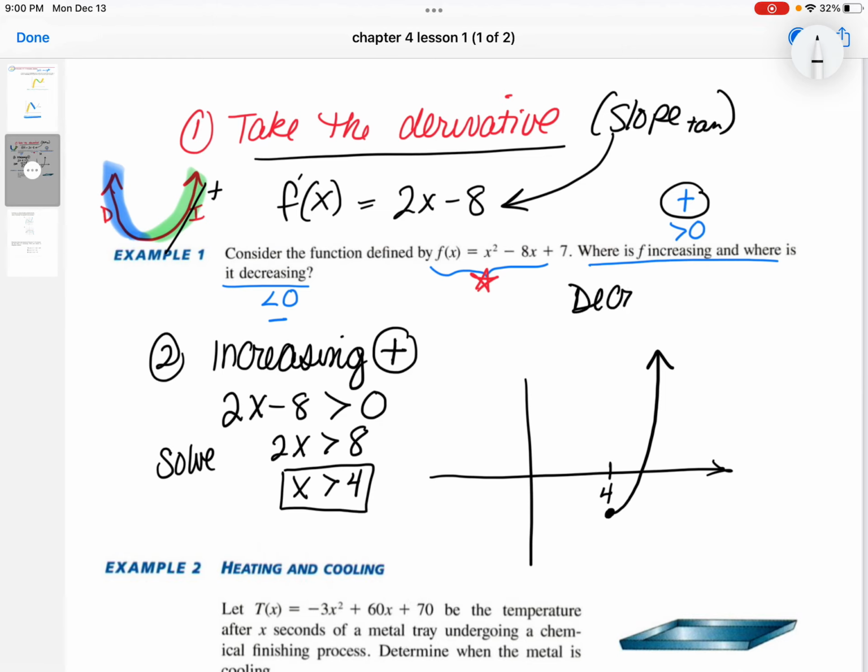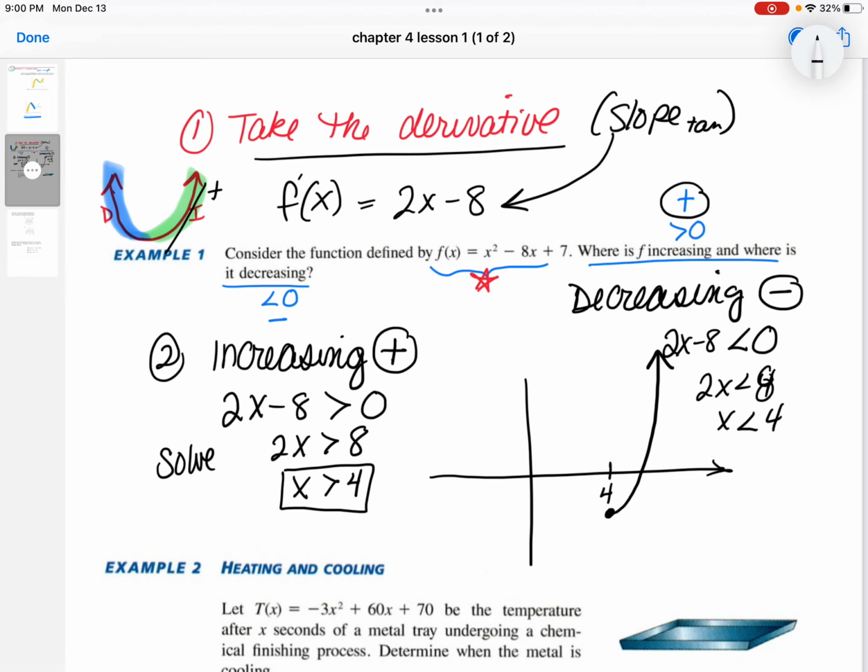So if we want to find out where it's decreasing, we want to find out where the slope is negative, right? Which means numbers that are less than 0. So we'll take that inequality, that derivative, that slope, set it less than 0 to find out where it's decreasing. And solve here, and we'll find out x is less than 4.